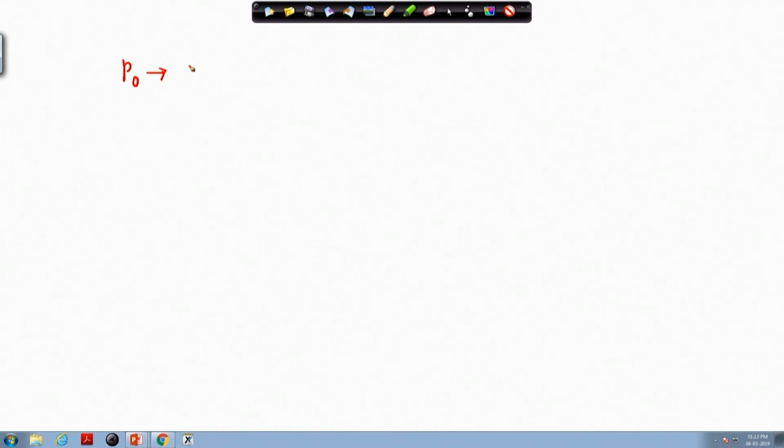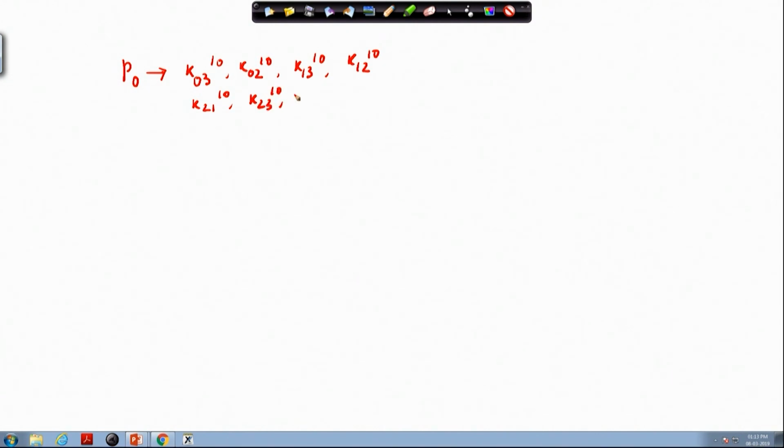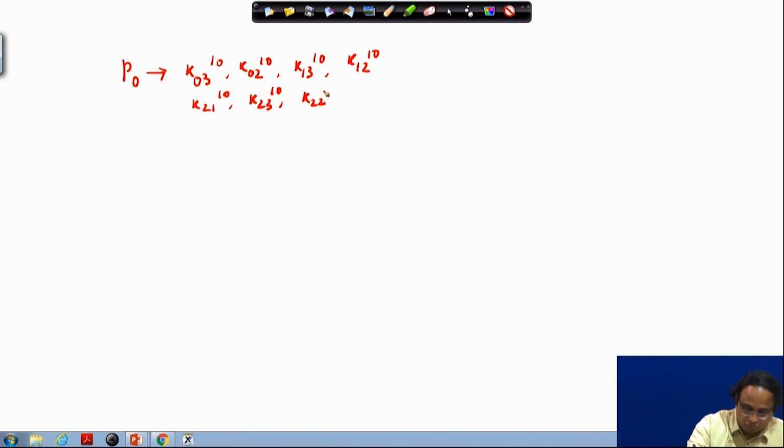So I will just write for the remaining 3 bytes what the key bytes involved are. For example, for p0 we have got k0 310, k0 210, k1 310 and k1 210, and k2 110, k2 310, k2 210.